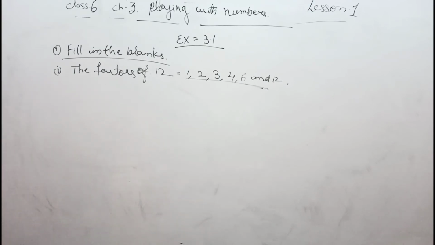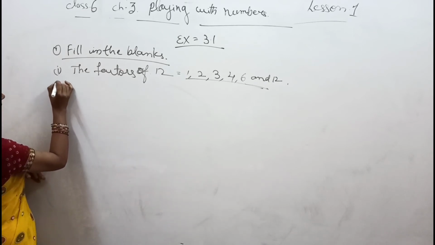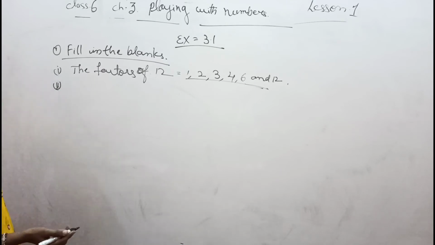Now the least non-zero multiple of any number is only the number itself, because there is no other multiple smaller than the number which is given in the question.